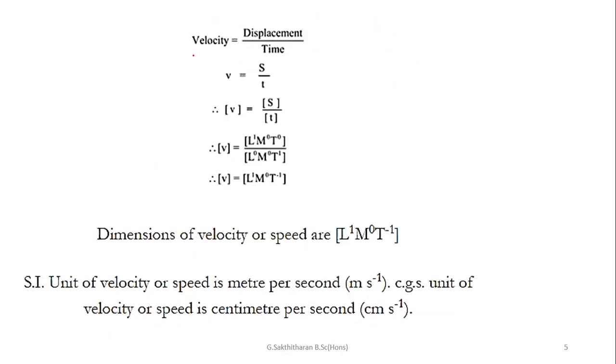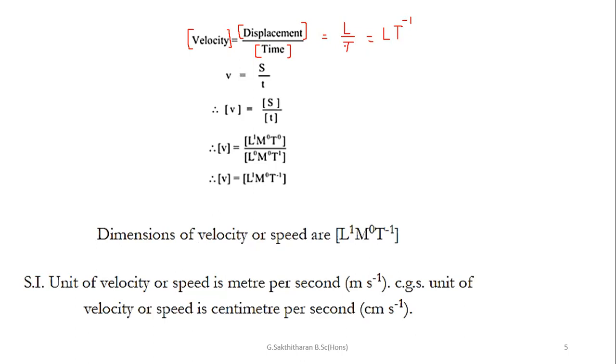Other one is velocity. The dimension of the velocity equals dimension of displacement over time. So here the dimension of the displacement is capital L, and the dimension of the time is capital T. So we can write L T minus 1.